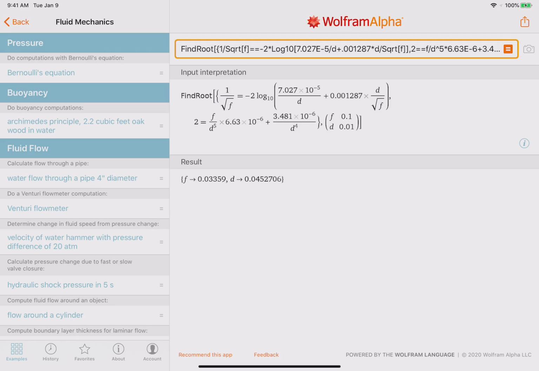This can help you find out, because basically this is written in a more human readable manner, and so it's easier to read this than the long single line command above. And so this looks correct, and so we know that the friction factor is 0.03359, and the diameter is 0.04527 meters. Okay?